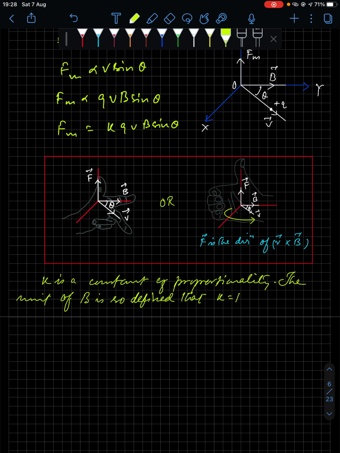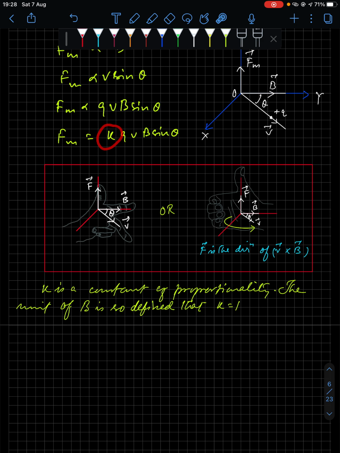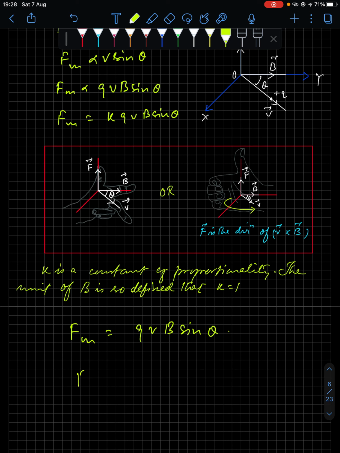The value of this constant k is 1. k is a constant of proportionality, and the unit of B is so defined that the value of k comes out to be 1, and therefore we write this relation as Fm equal to qvB sine theta.